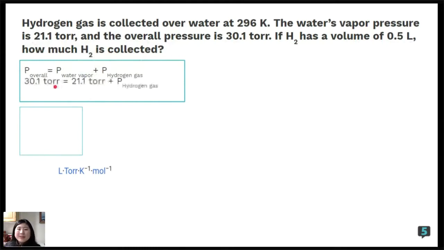So we know that the overall pressure is 30.1 torr, and it is equal to the water vapor pressure, which is 21.1 torr, plus the partial pressure of the hydrogen gas. If we put the pressure of the hydrogen gas on one side, it would be equal to 9.0 torr.